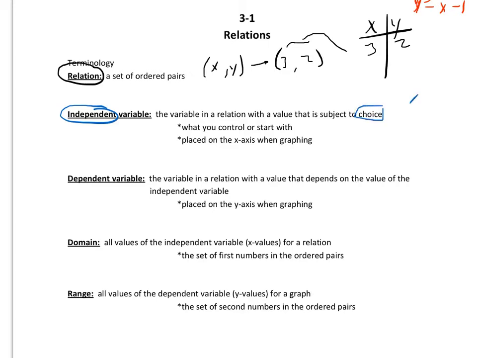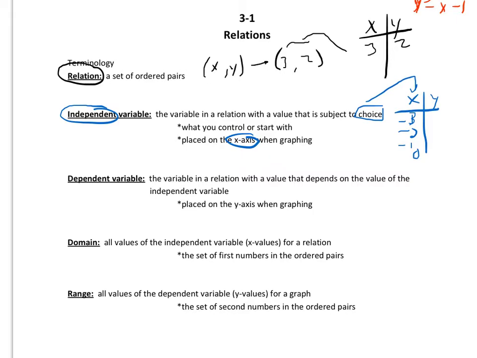In other words, if I give you an XY table and I say to plug in the numbers -3, -2, -1, 0, etc., we can choose the numbers we want to plug into x. I could say plug in 1, 2, 3, and 4. But because we have a choice, that makes it the independent variable, and it's usually the x value.